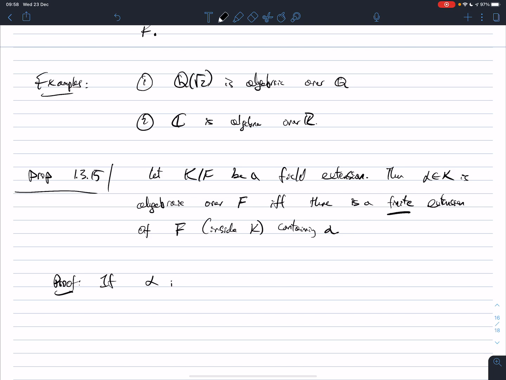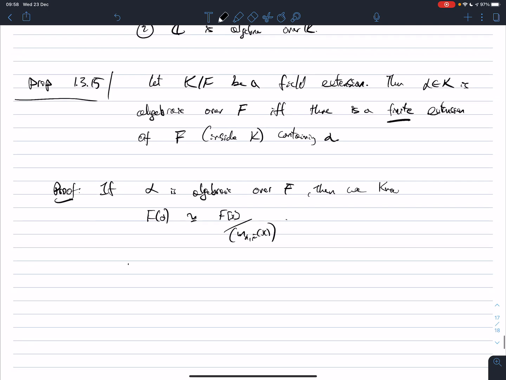If alpha is algebraic over F, then we know that F(alpha) is isomorphic to F[x] modulo m_alpha(x). Moreover, this degree, by our corollary above, is just the degree of this minimal polynomial.